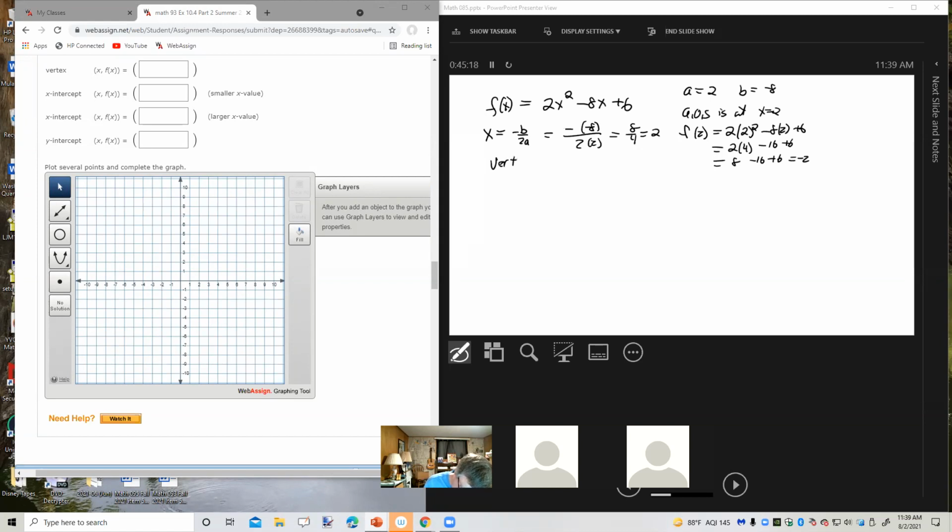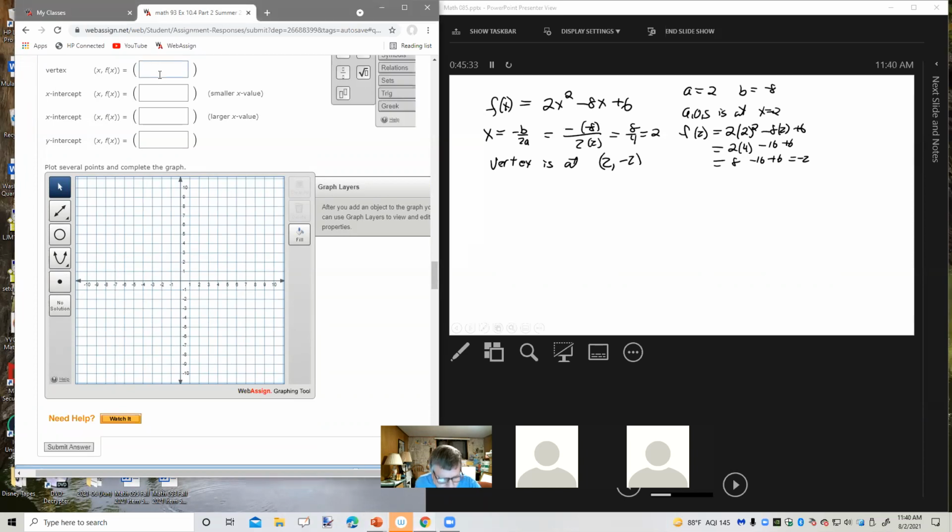So the vertex is at 2, negative 2. Okay? So in fact, 2, negative 2, there's our vertex. Okay?